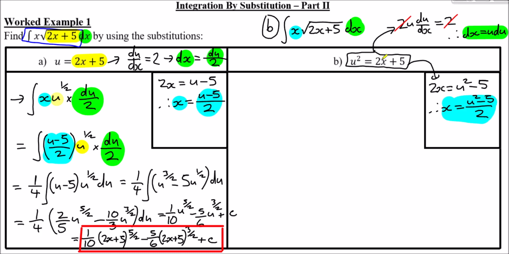And because u squared is 2x plus 5, this thing here, I'm square rooting u squared. So therefore, I can also say that u, considering just positive root only, is going to be root 2x plus 5.